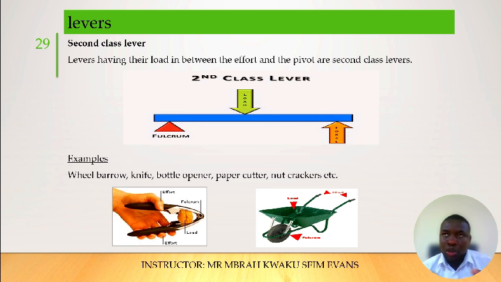So if you have a trolley, the one they use to carry the oxygen cylinder, the oxygen cylinder is the load, and the one pushing the trolley will have to apply a certain effort, and the tyre is the pivot where the turning takes place. So it's a simple machine we use at the hospital.